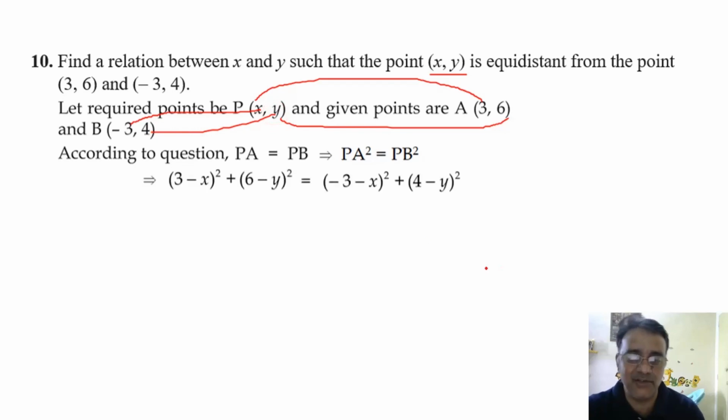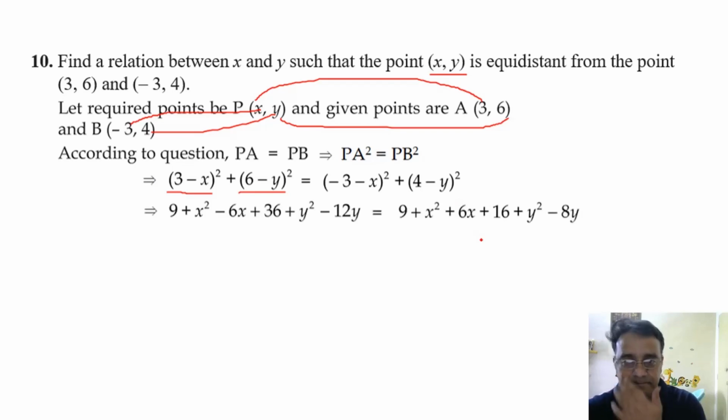You can write reverse also. ठीक है, ये रिवर्स में लिखा हुआ है. So a minus b whole square का फॉर्मूला: 9 plus x square minus 6x, 36 plus y square minus 12y, equals 9 plus x square plus 6x, 16 plus y square minus 8y.